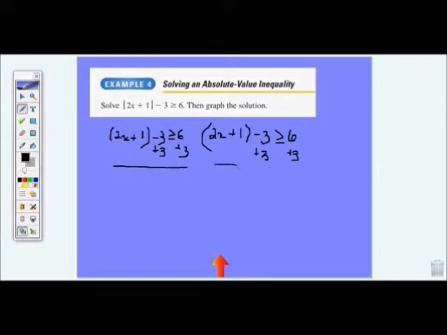But because we are dealing with absolute value, we can have that quantity that was in the absolute value bars be greater than or equal to, and this first one would be a positive 9. The other side would be that the quantity 2x plus 1 that was in absolute value is greater than or equal to a negative 9.